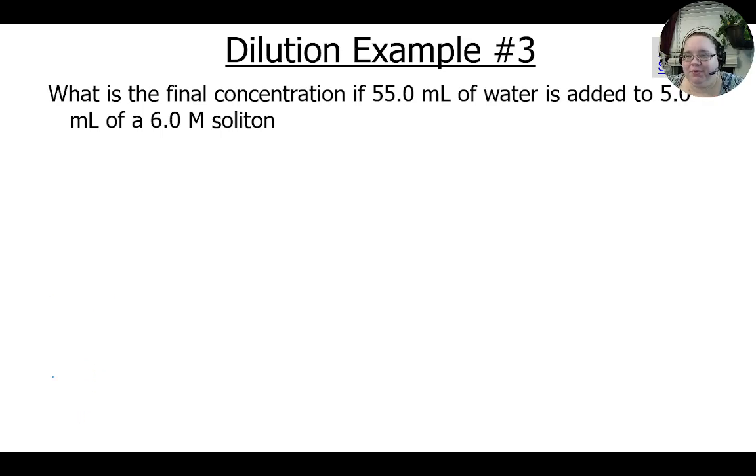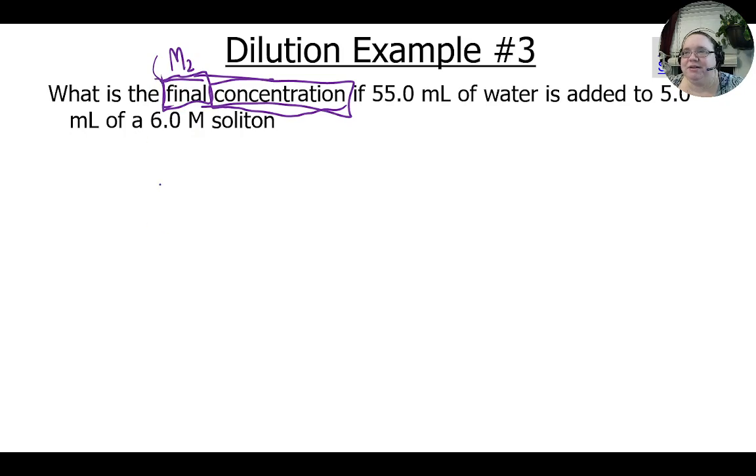So, example number 3, it's asking us what is the final concentration. What is my final concentration? Final concentration, that is my M2.